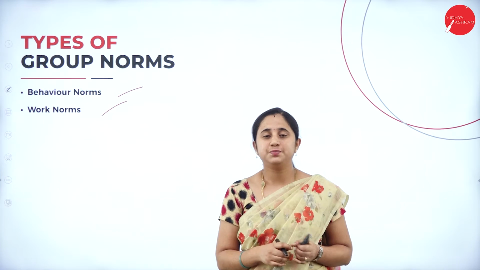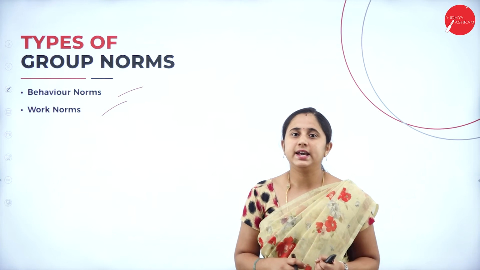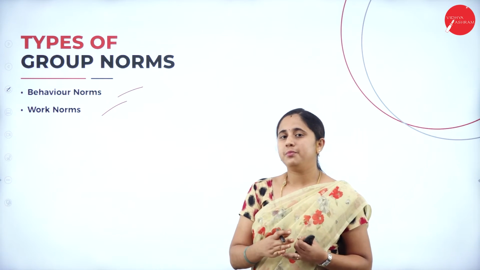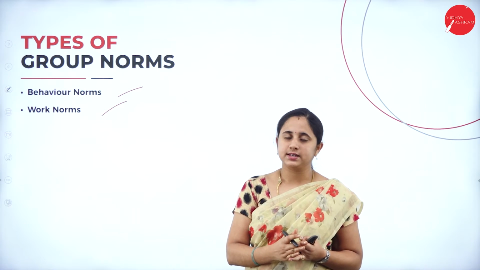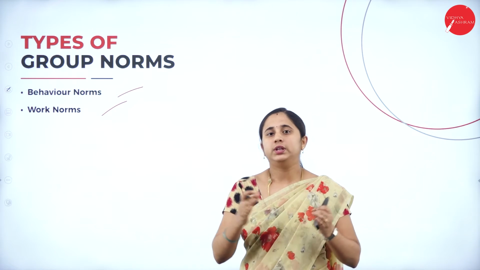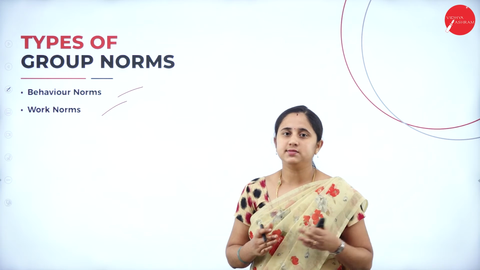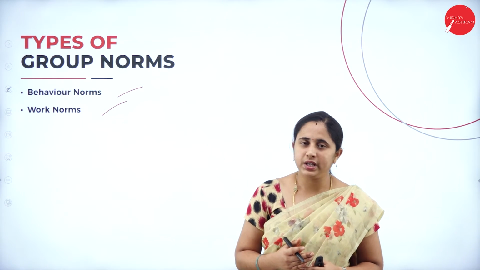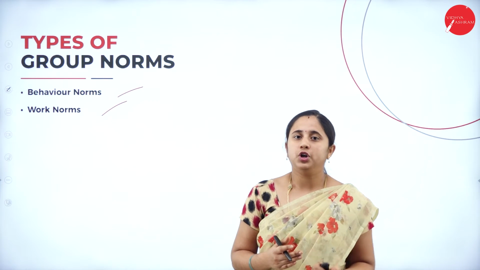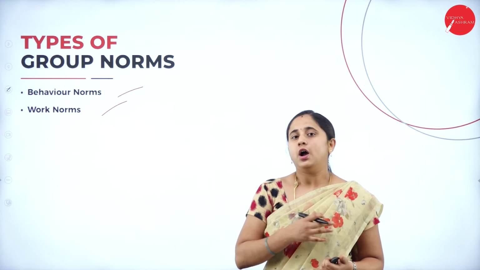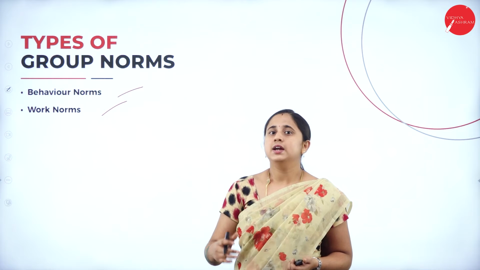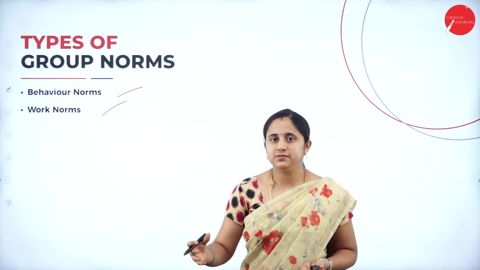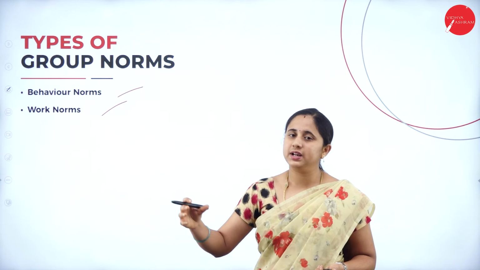Here, behavior includes punctuality as a habit, performing the duty or completing the assigned task within the time framework, not losing your temper, giving respect to others' opinions, not monopolizing the conversation, and so on. These are all the day-to-day behaviors of people at work.